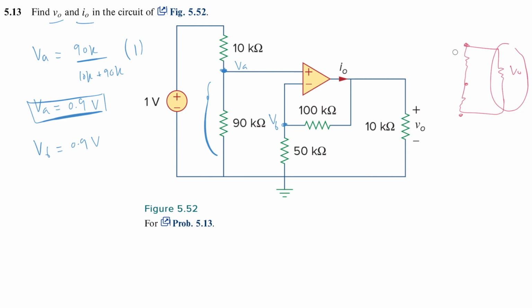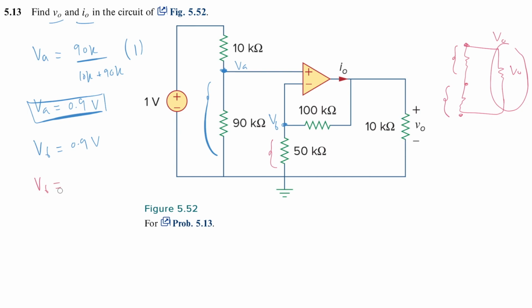So it is divided across those two resistors. And here for VB, we're interested in the voltage across the 50K. So, and this here is your V naught, right? That is being divided on those two resistors. So VB in terms of V naught is what?